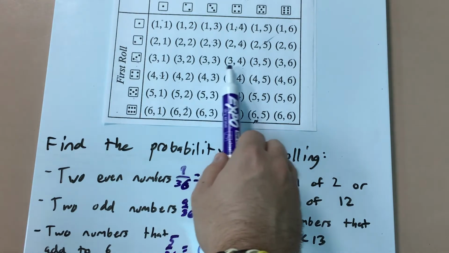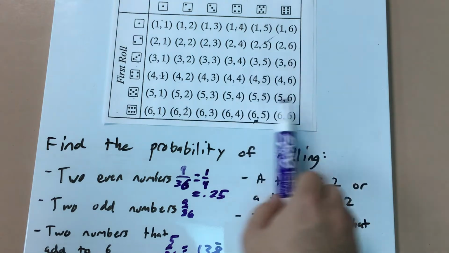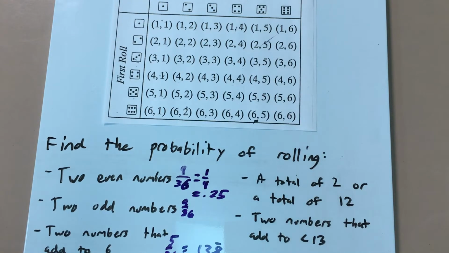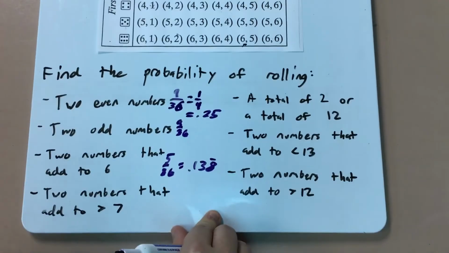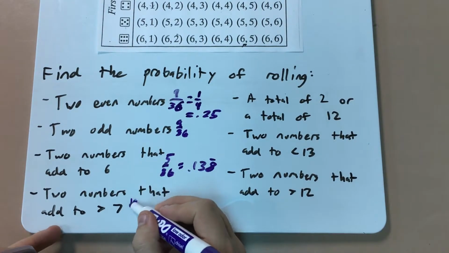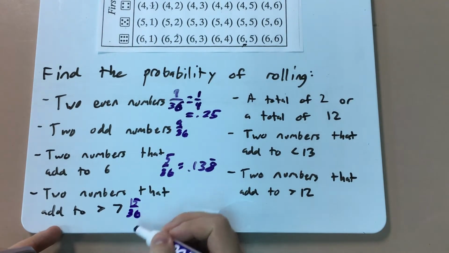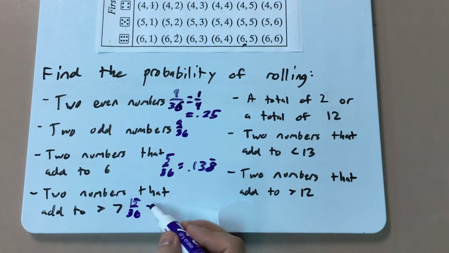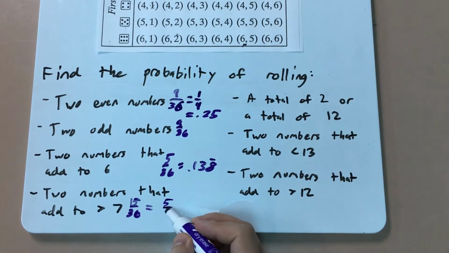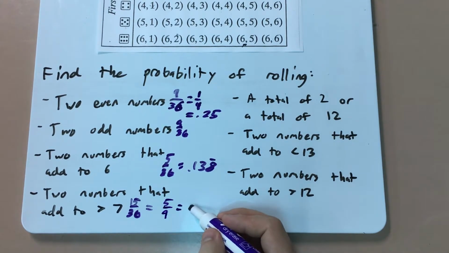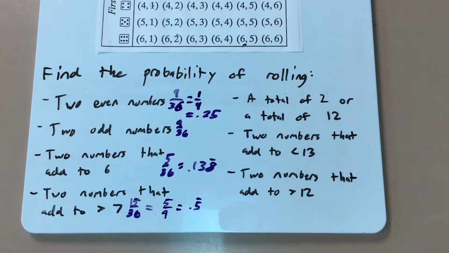So basically this little staircase and anything in this area is going to add up to more than 7. So that's 15 ways to get more than 7 out of 36. We simplify that fraction down to 5/12, and the decimal representation of that is 0.416 repeating.